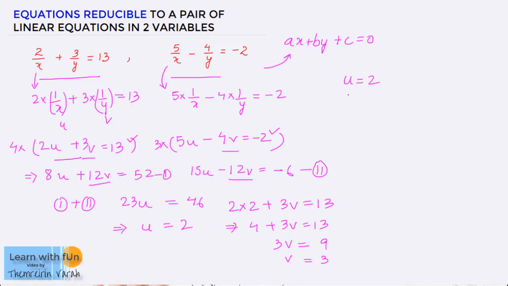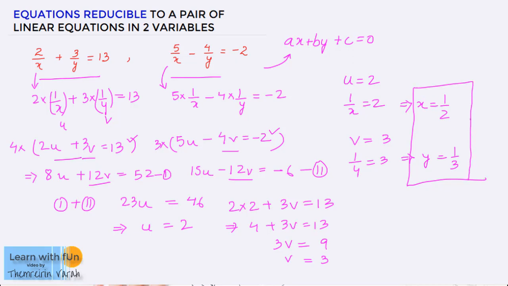Now u equals 2, so 1 by x is equal to 2. This implies that x will be 1 by 2. Similarly, v equals 3, so 1 by y is equal to 3. This implies that y is equal to 1 by 3. So the solution is x equals 1 by 2 and y equals 1 by 3.